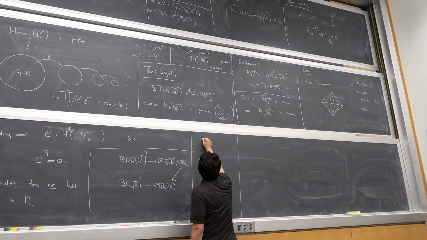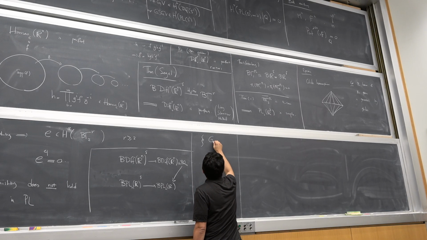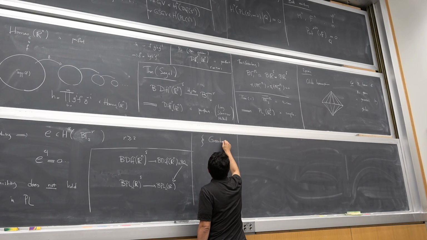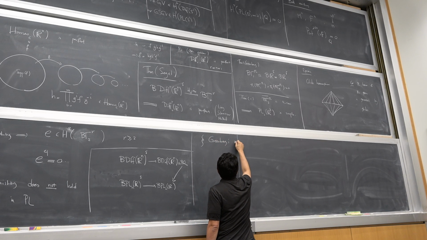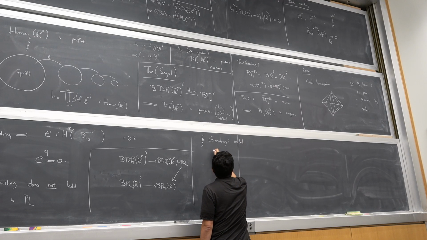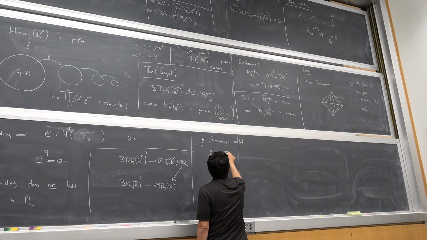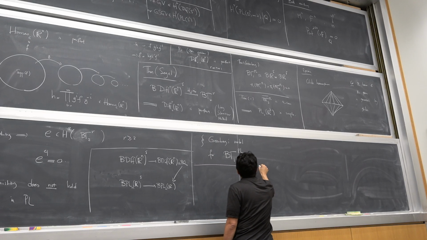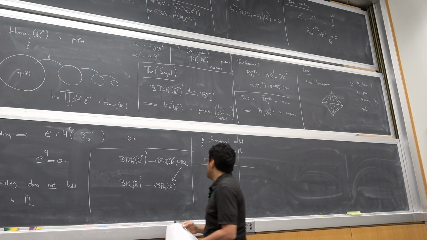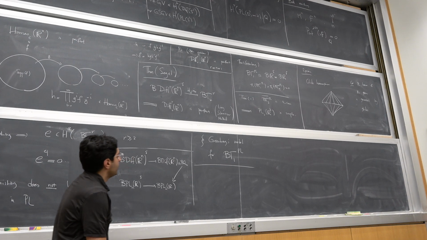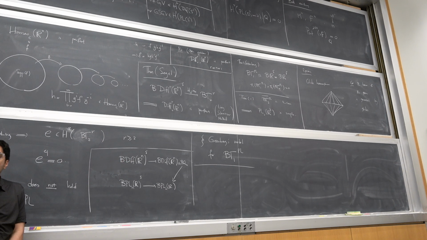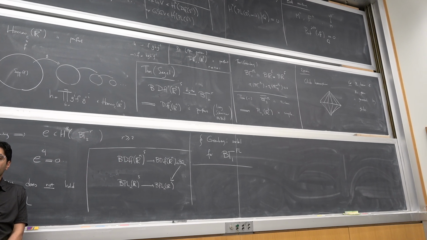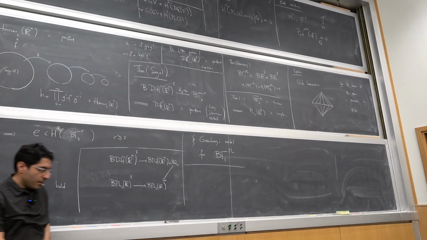So now I want to talk about Greenberg's model for B Gamma 1 PL. Any question before we change gears?